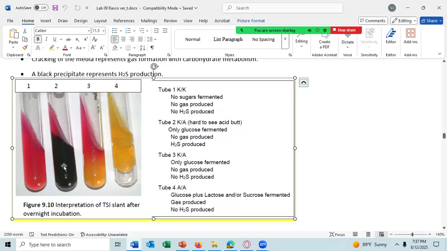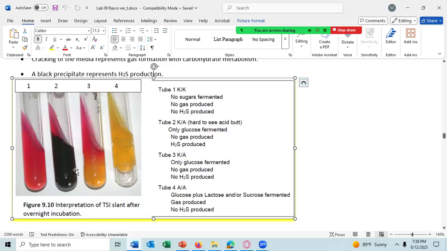And then in tube 2, once again, we have a pinkish slant, and the butt is black. So obviously this one has hydrogen sulfide being produced. The agar is not broken up. There's no bubbles in there, or like there.